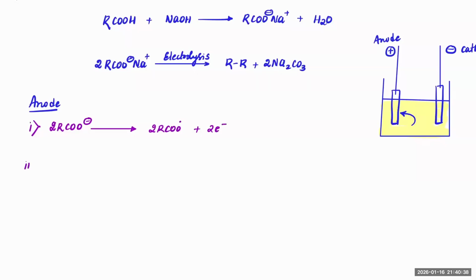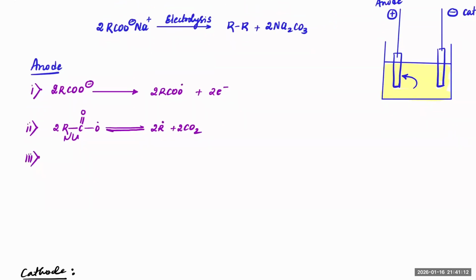And you notice that the second step is this 2 moles of RCOO dot, the radical form, is unstable. And this will lead to the formation of, I'll keep it in an equilibrium form because this can come back also. Now, this will become 2 moles of R radicals plus carbon dioxide, because the bond here will break into a radical form and you get 2 moles of radicals and 2 moles of carbon dioxide.